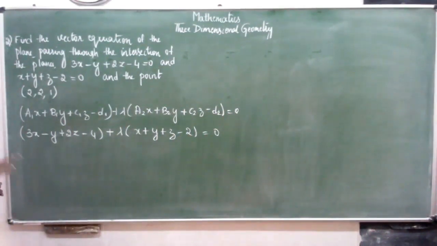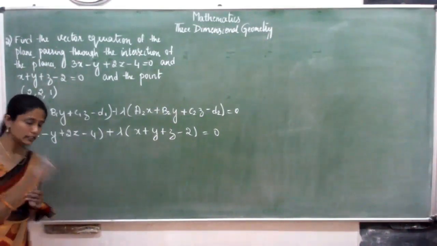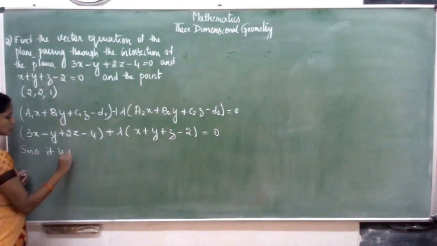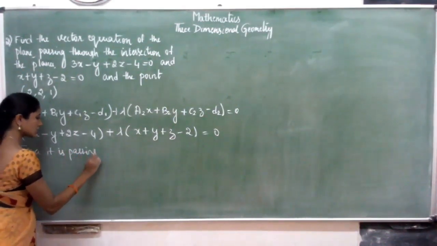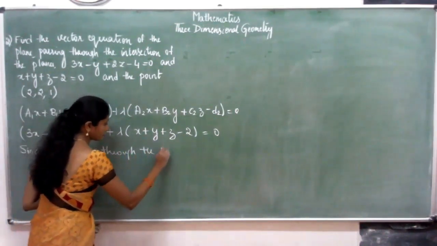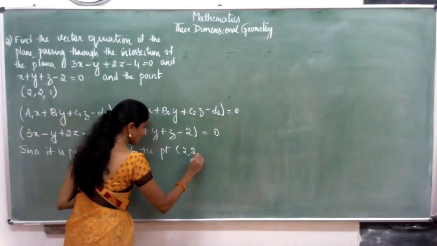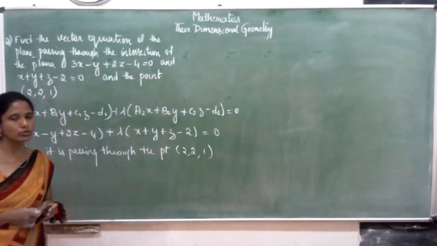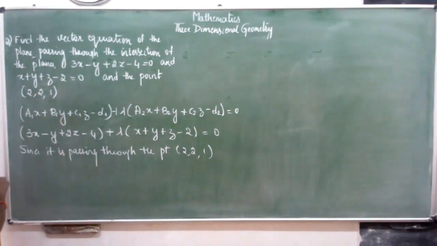They have given that it is passing through the point 2, 2, 1. So since it is passing through the point 2, 2, 1, now we should substitute x as 2, y as 2 and z as 1 in the above equation.